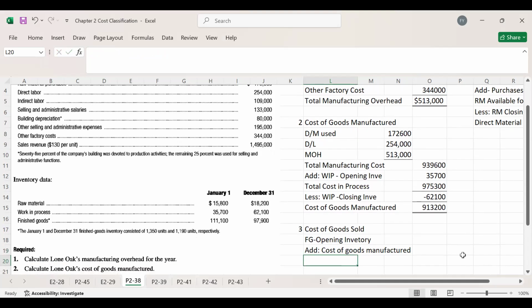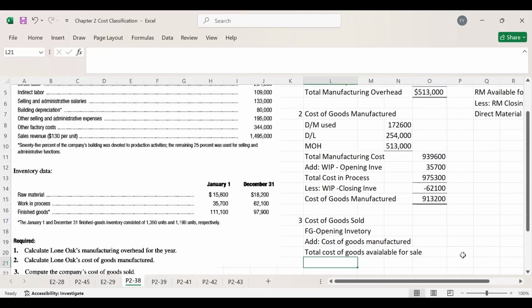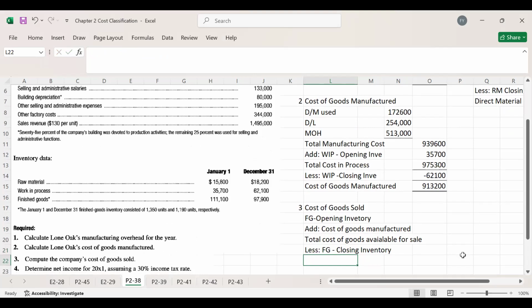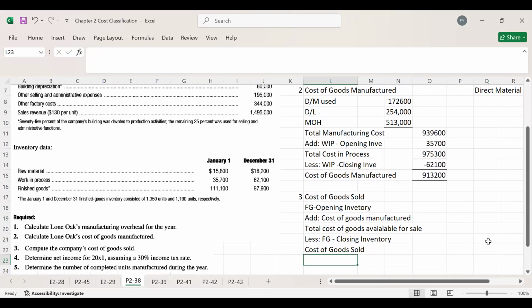By adding these two, we get total cost of goods available for sale. And in last, we will deduct finished goods closing inventory, then cost of goods sold.